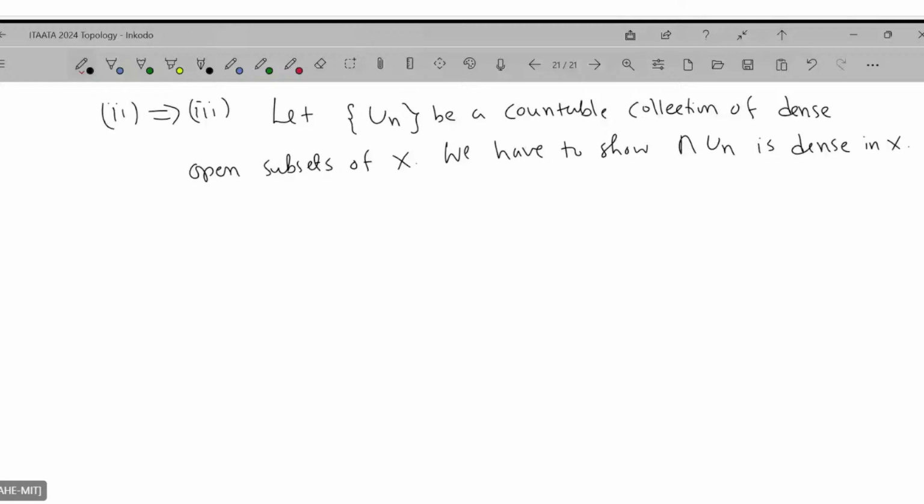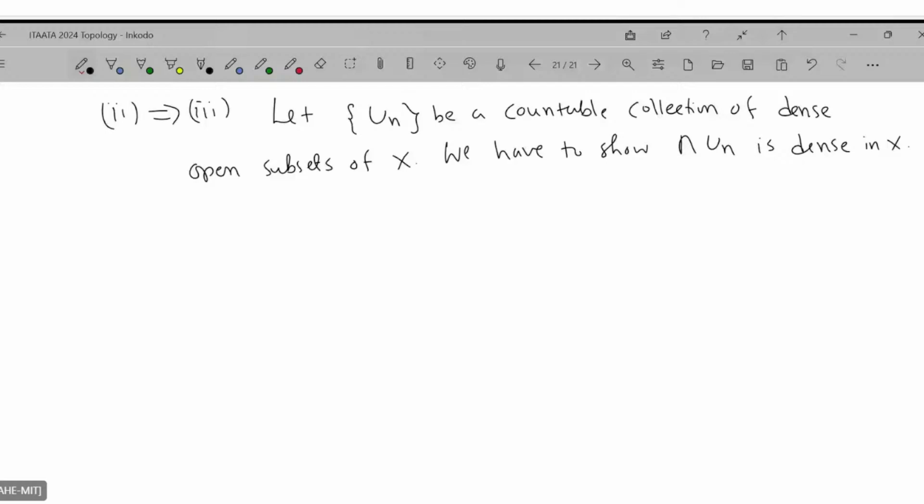It is very simple. Why? By the exercise, if a set contains a countable intersection of dense open sets, then it is co-meager. That means this set itself is co-meager. So therefore we can say that it will be dense.